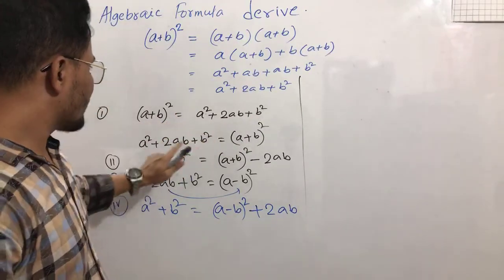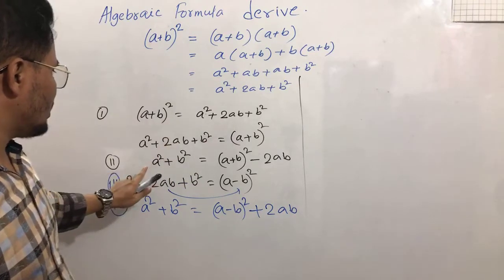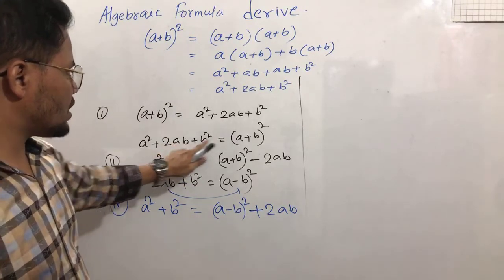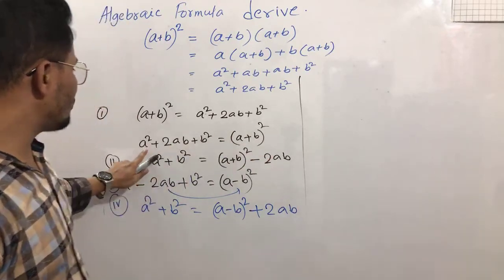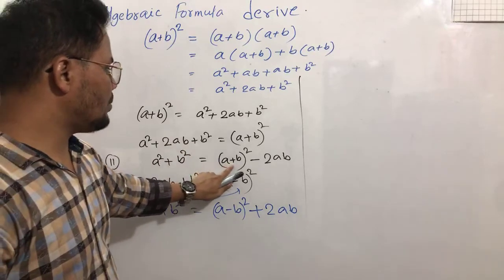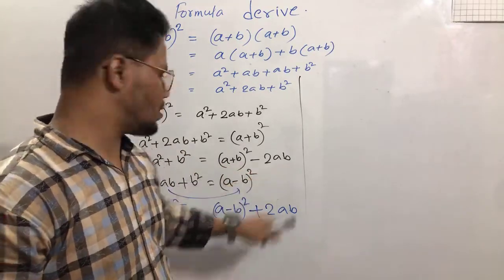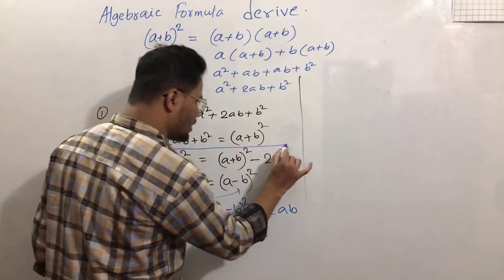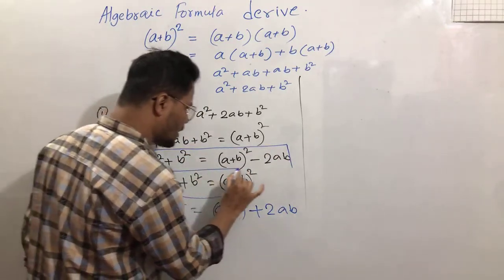Now, from this first formula, if we shift plus twice ab from the left side to the right side, this will be another formula: a square plus b square equals a plus b whole square minus twice ab. So this is the most common and usable formula in algebraic expressions.